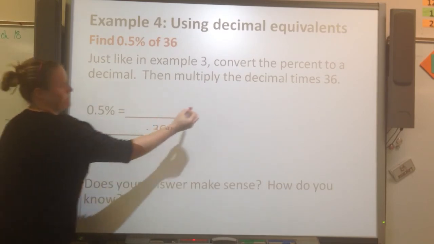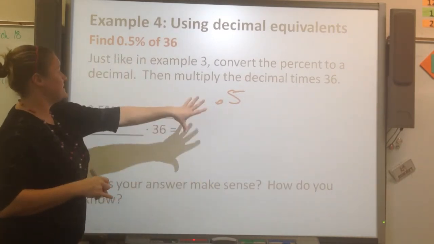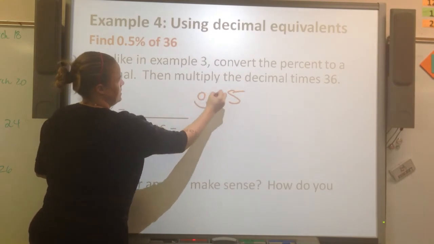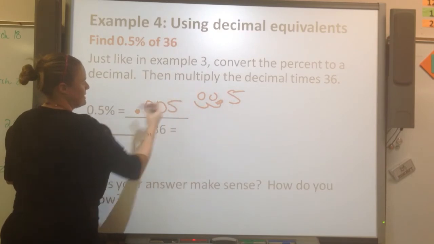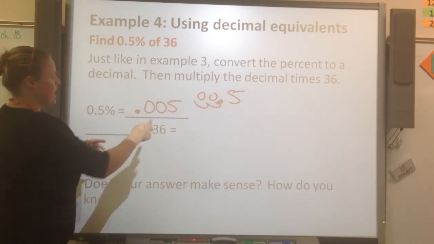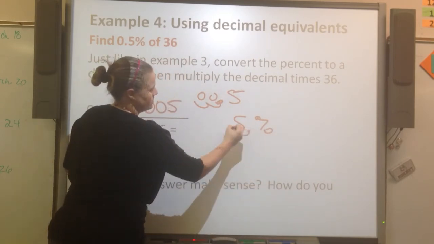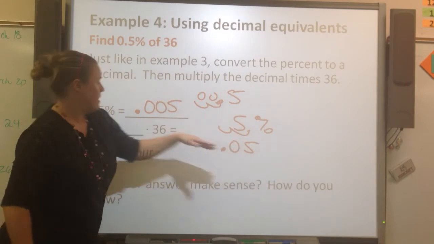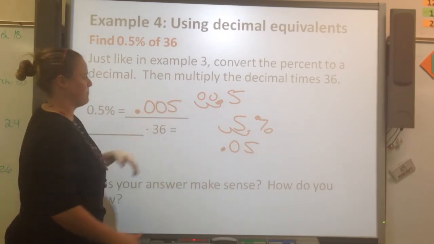So if 0.5 is my percent, to make it a decimal I need to move it 2 places to the left, and that's going to be 0.005. Now do you see how that's different than 5%? 5% looks like this as a decimal, 5 pennies. This is less than 1 penny, so make sure you keep those separate.